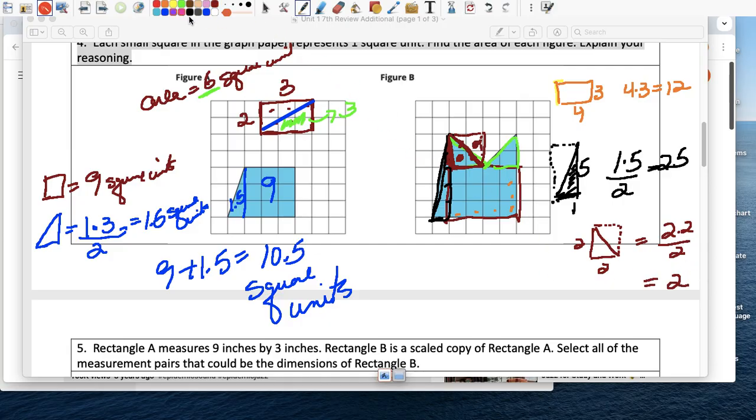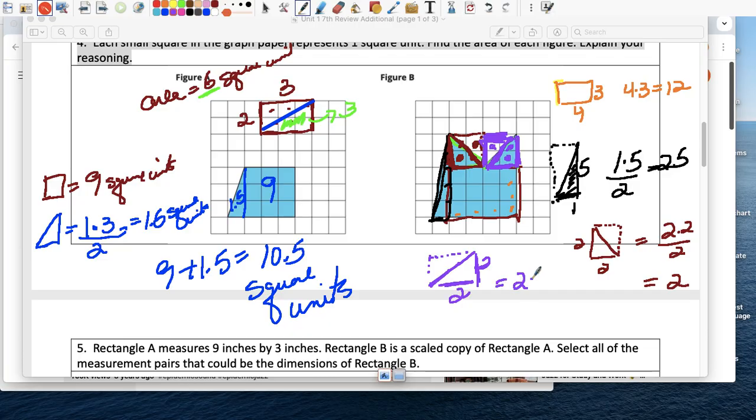And then on the other side, we had this purple triangle, which again, we can think of as a square. It repeats the same pattern here. This was 2 and this was 2. So if you think of it as a square, you had 1, 2, 3, 4 square units, but because it's half of it, you have to divide it by 2.